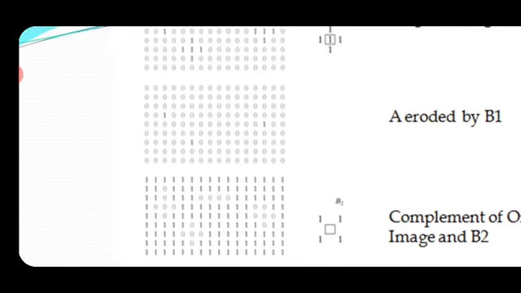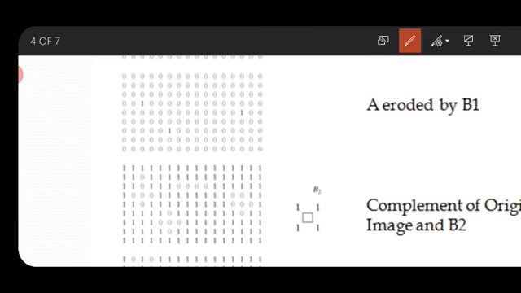There is only one single match available, that is this one, so only one value will be retained.